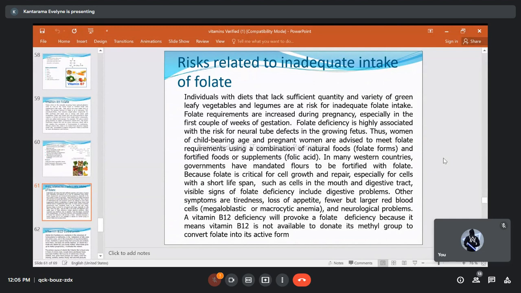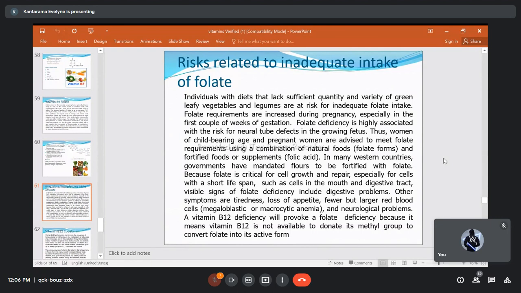Folate deficiency is highly associated with the risk of neural tube defect in the growing fetus. Thus, women of childbearing age and pregnant women are advised to meet folate requirements using a combination of natural foods and fortified food to have enough of this vitamin.